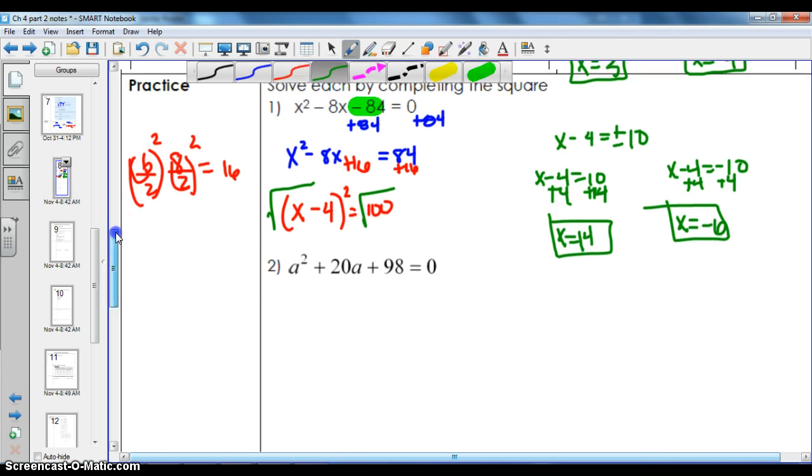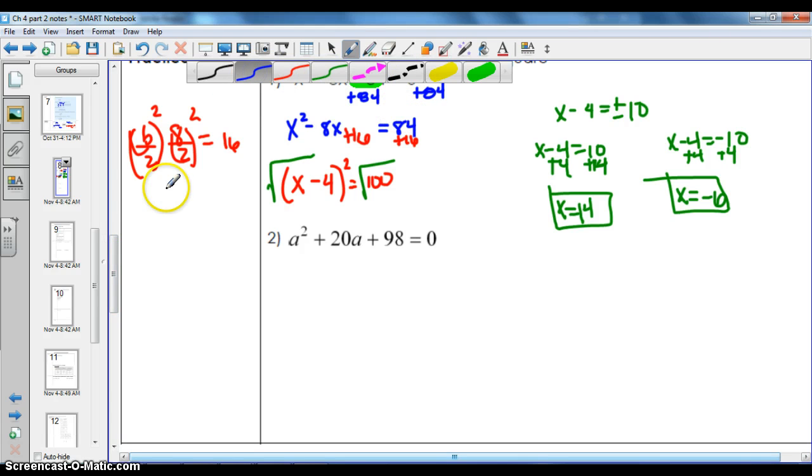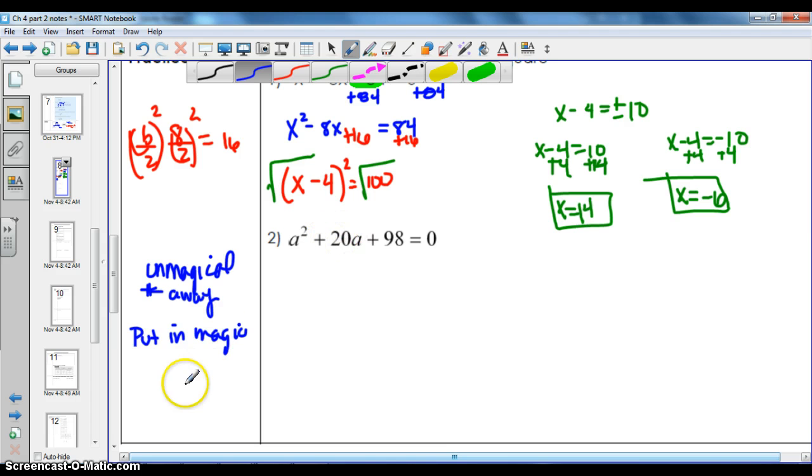So I want you to try this next one on your own. Think about those steps. I'll kind of get you started here. Remember, the steps: get the unmagical number away first. Get it to the other side. Put in the magical number on both sides. Magical number, remember, it's the b divided by 2 squared.